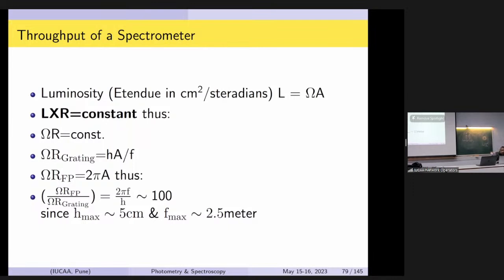So the next slide. Of course, before I move to the next, this is constant. They have removed the area, so their area has been made common. With the grating, you have this height of the grating area and the focal length of the camera lens, with Fabry-Perot. But now, for example, this one, the last line is important. Fabry-Perot versus grating is 100 times more luminous.